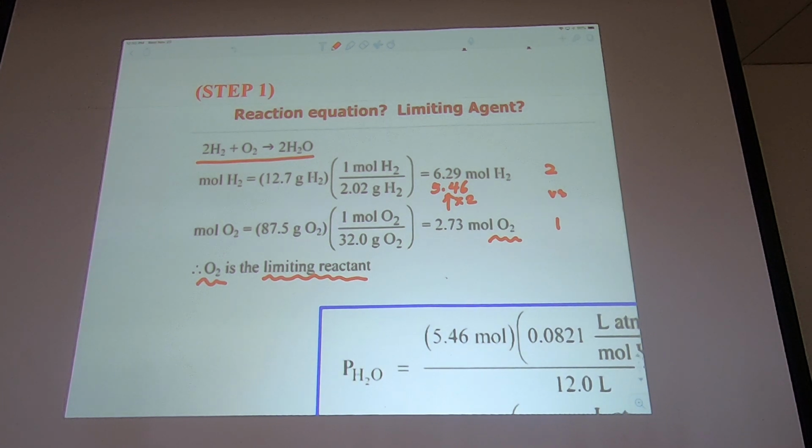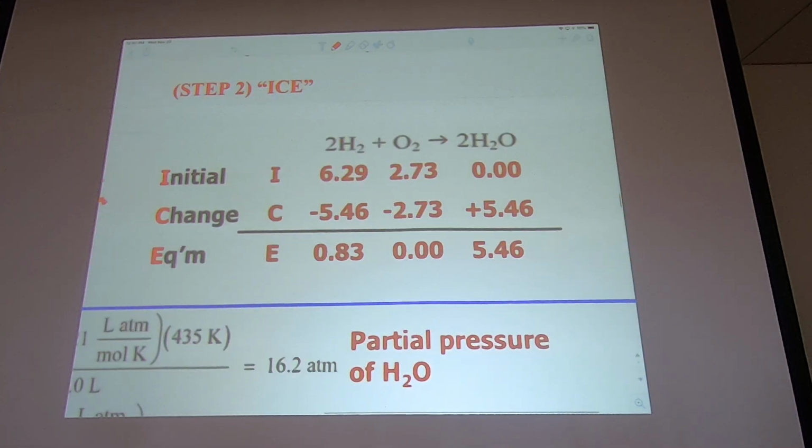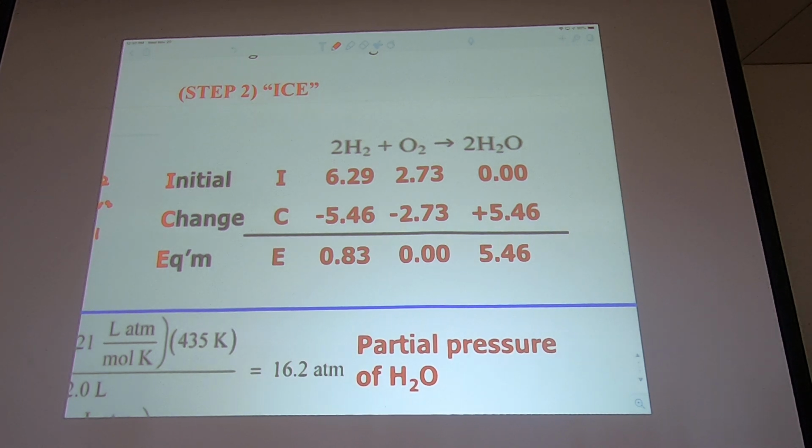And then step 2 is this: you do the ICE. So I write down the equation, I write ICE, and I write down 6.29, 2.73, and no water. Okay? So that's what I wrote. And then I say, okay, oxygen must be used up completely, so that's gone. And to use that up, you need to use this amount.